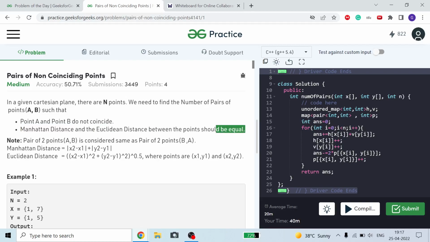Now guys, what is Manhattan distance? It is |x2 minus x1| plus |y2 minus y1|, and Euclidean distance is the square root of (x2 minus x1) square plus (y2 minus y1) square.